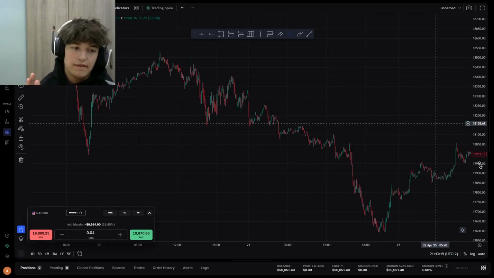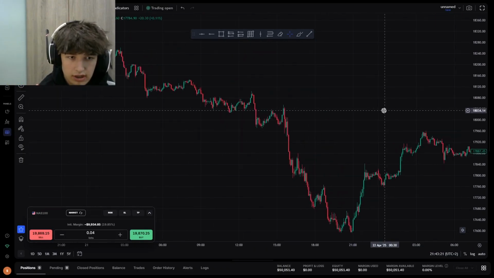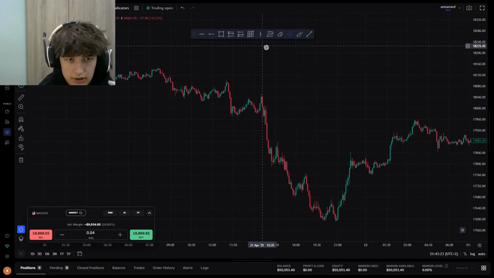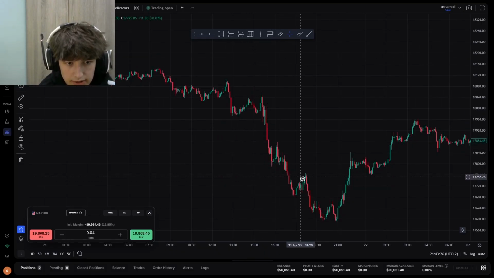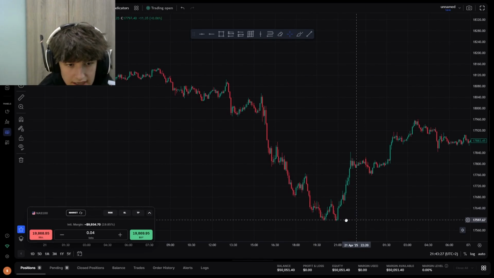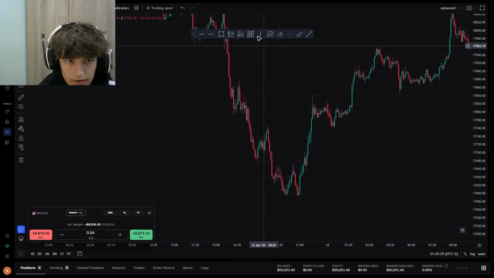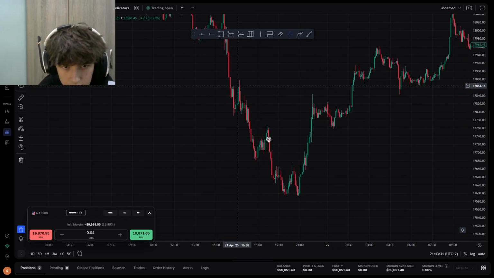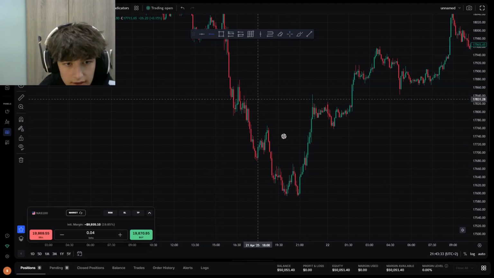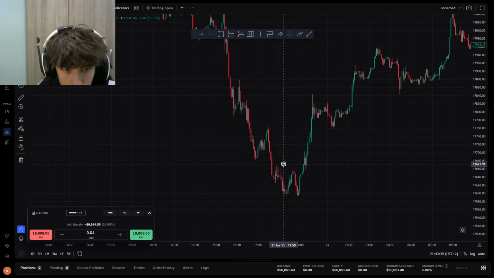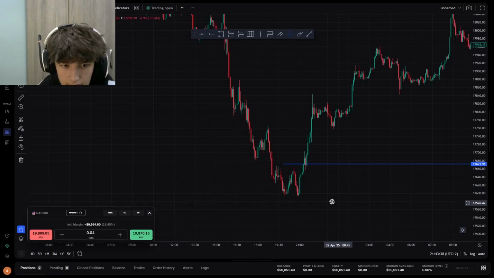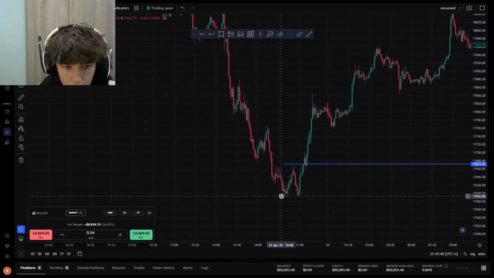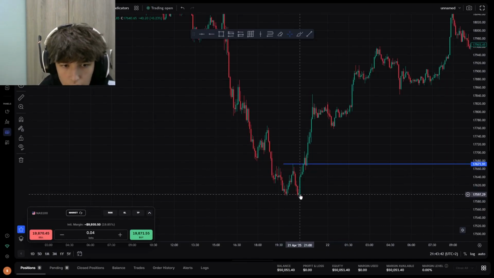So we have a downtrend here. We're just coming down, coming down, coming down, and then we identify the downtrend, and then we see that we formed the high, and then down here we formed a low which was higher than the previous lows.